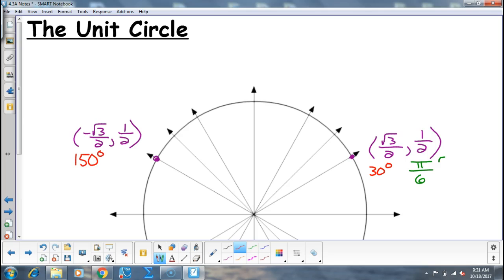In terms of pi, how much? Or in radians, I should say. Not 5 pi over 8. 5 pi over 6 I like better.